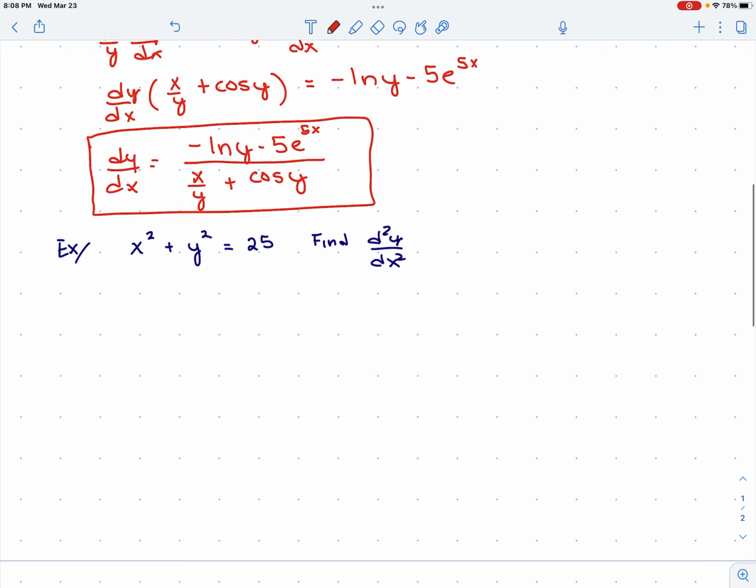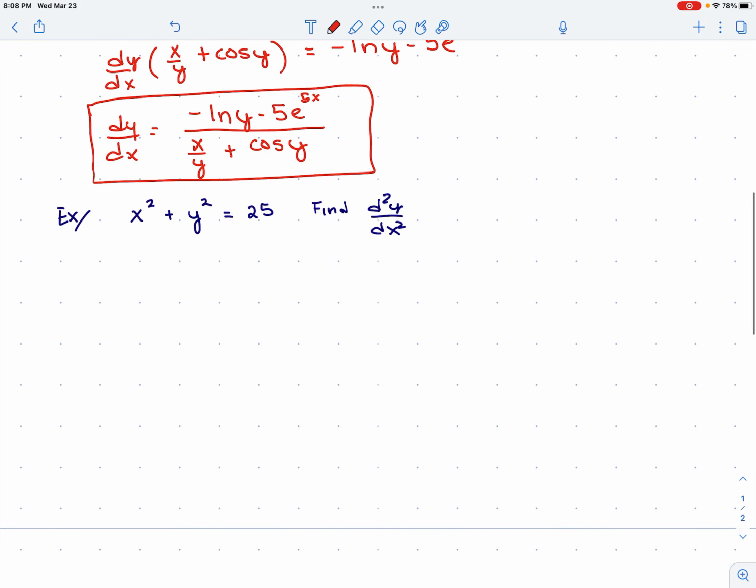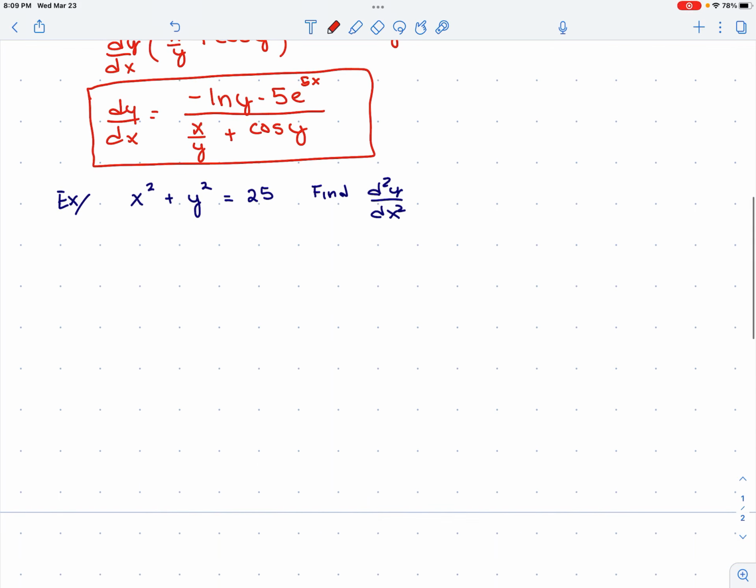Okay, so let's try one where we find the second derivative, and hopefully this is not too messy. Okay, so the derivative of x squared is 2x. The derivative of y squared is 2y times dy/dx. So every time you take the derivative of y, it's a chain rule situation, and you multiply by the derivative of y, because you don't know what function of x y is, because you haven't explicitly solved for it.